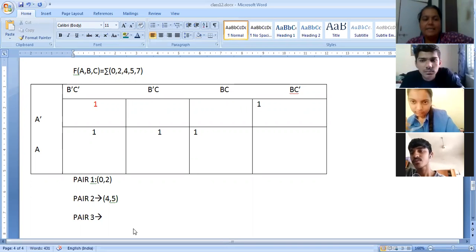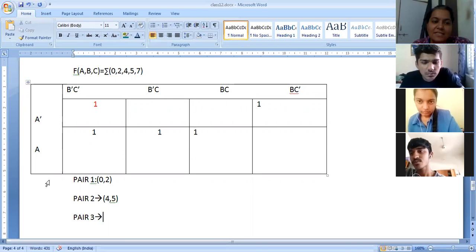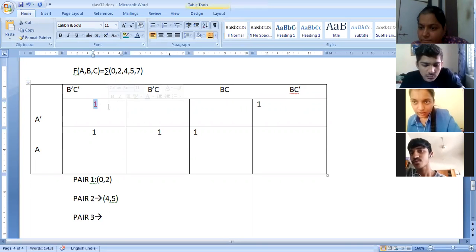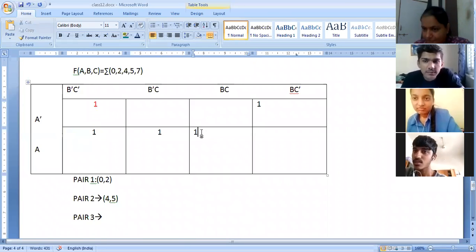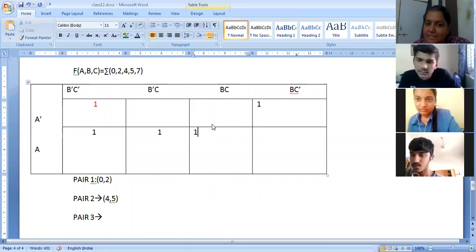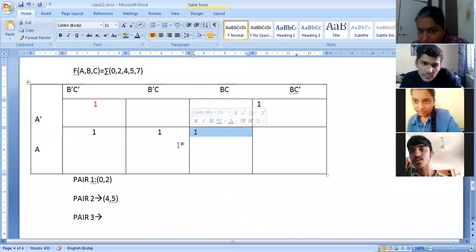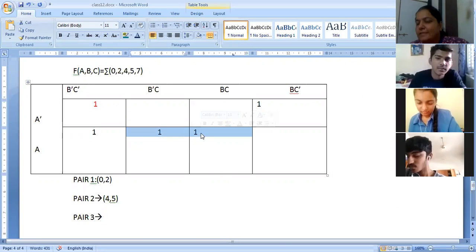Okay. See, now which ones are taken? This one is taken in a pair. This is taken. What is left? The 7th one. Rather than keeping this one alone, we can club it with this one: 5, 7.